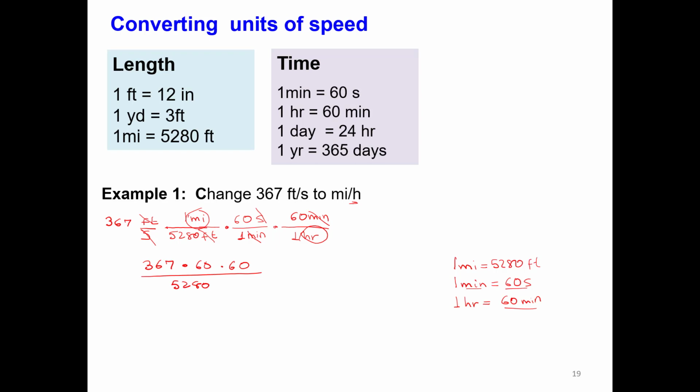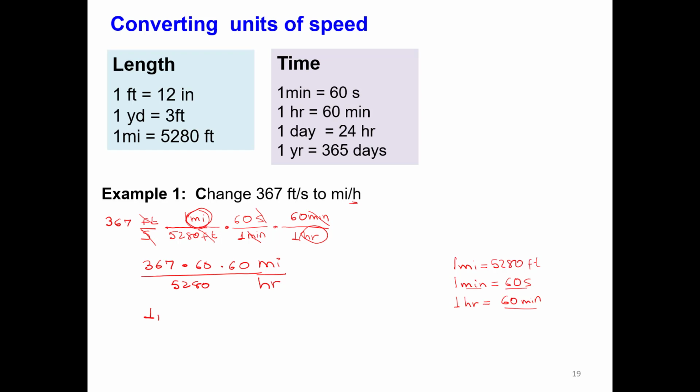What units did we have on top? Miles. What units did we have on the bottom? Hours. And now we just need to multiply these numbers together.